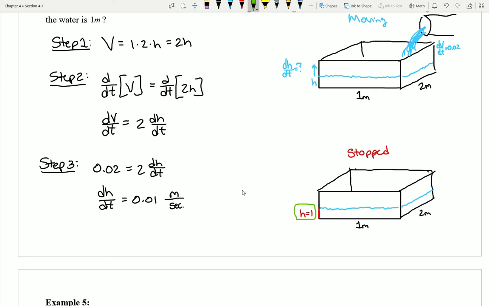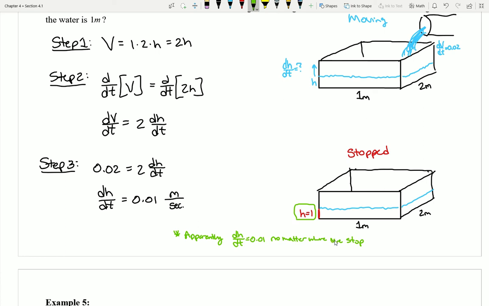No, that didn't even factor in when I was trying to evaluate my derivative. So this is kind of interesting. I'll put down here a little quick note: apparently dh/dt is going to be equal to 0.01 no matter where we stop, right?